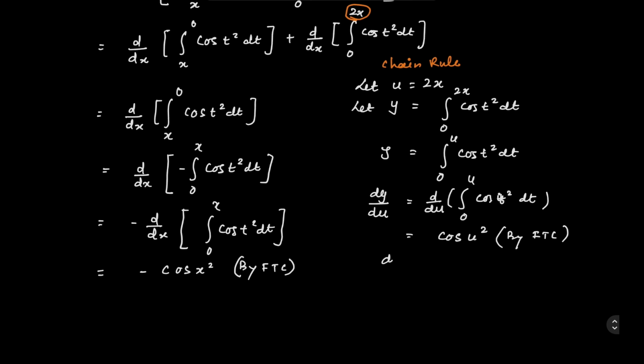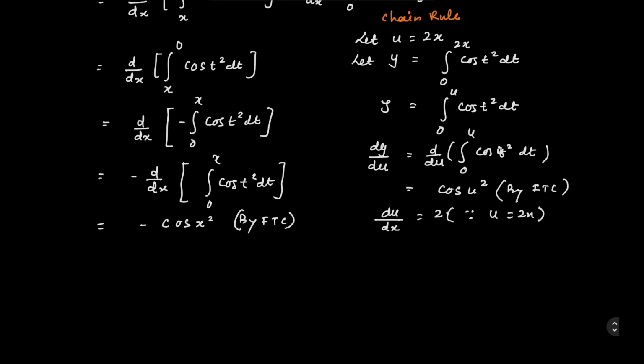Now du by dx is equal to 2 because u is equal to 2x. Now dy by dx equals dy by du into du by dx. So dy by du gives cos of u square and du by dx gives 2.